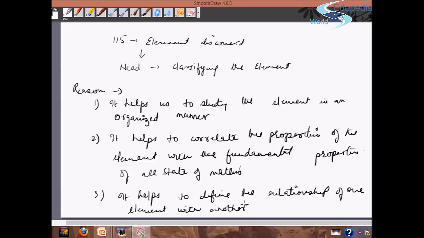Friends, in the beginning, attempts were made by chemists to classify elements on the basis of many physical properties.